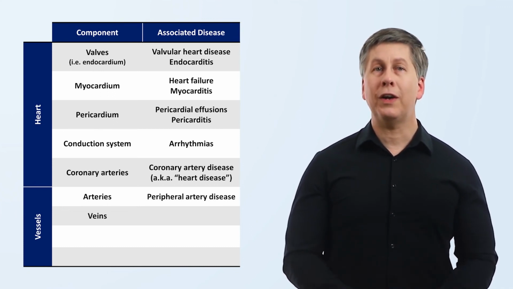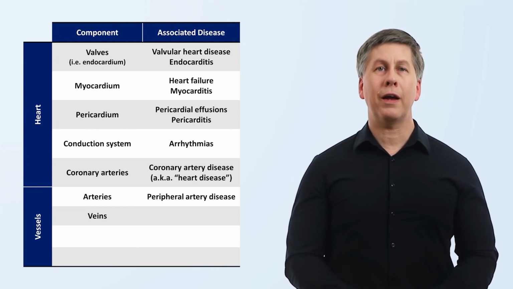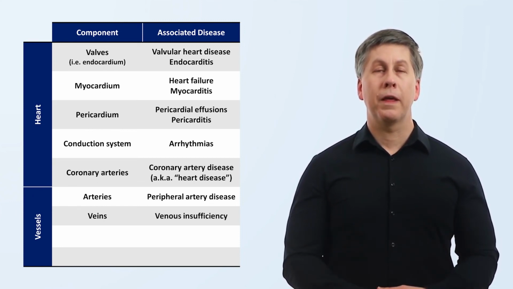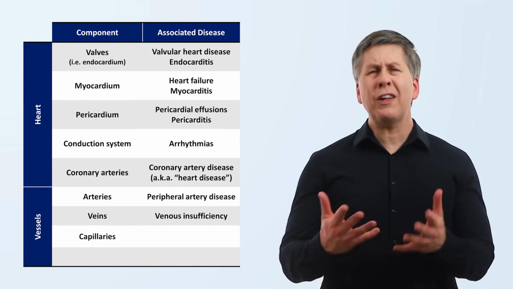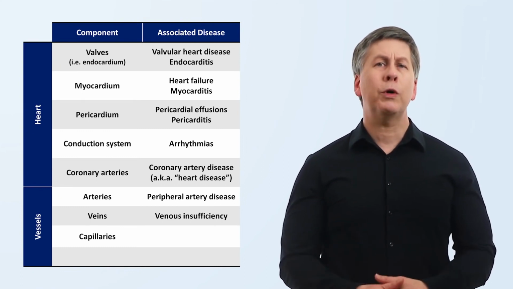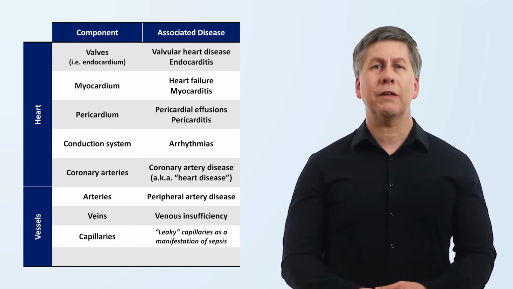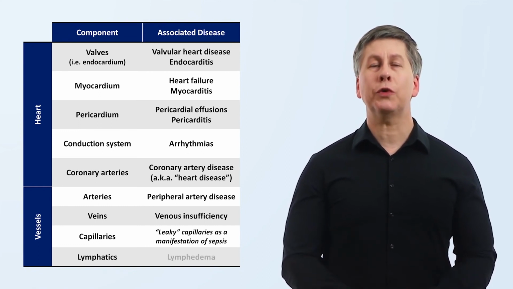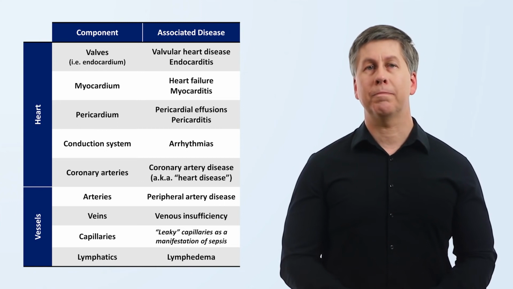The veins, including venules, which are impacted by a condition called venous insufficiency. The capillaries, which are rarely the primary site of pathology, but which can be the site of manifestations of sepsis. And the lymphatics, which cause a condition called lymphedema when obstructed.